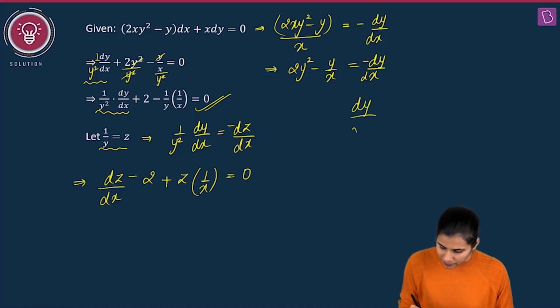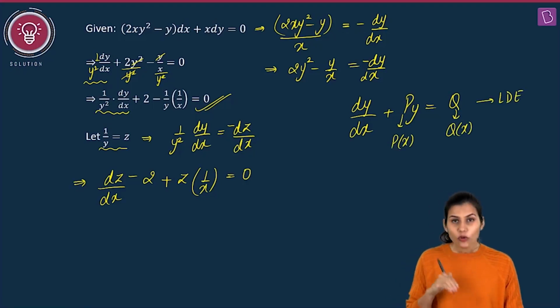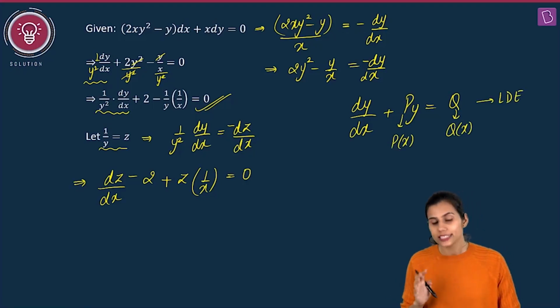Remember, dy by dx plus py equal to q, where p is a function of x and q is a function of x. This is your linear differential equation. Right now what you have in terms of z and x is also the same thing.